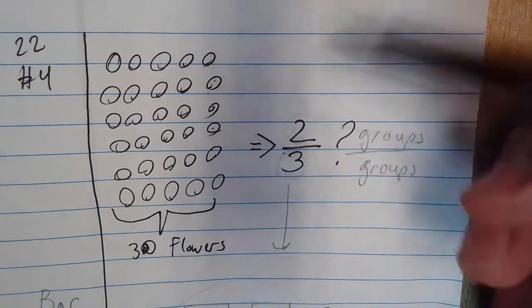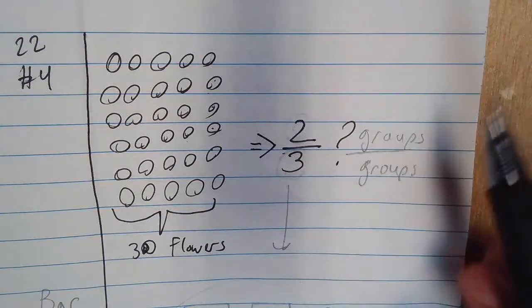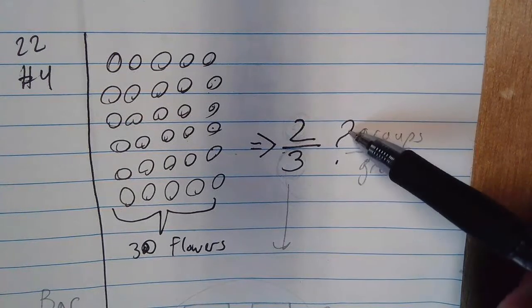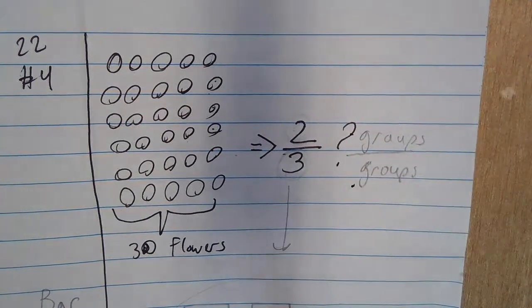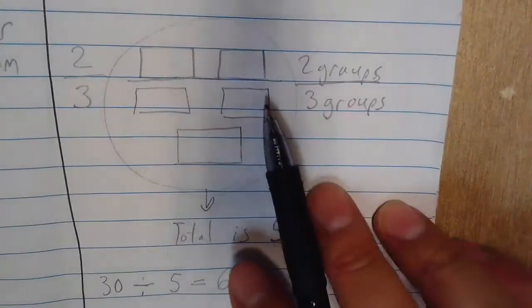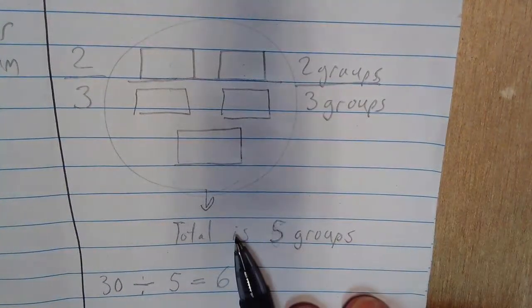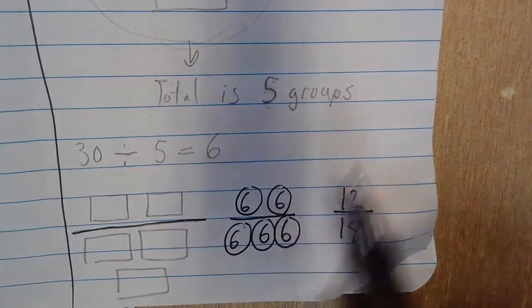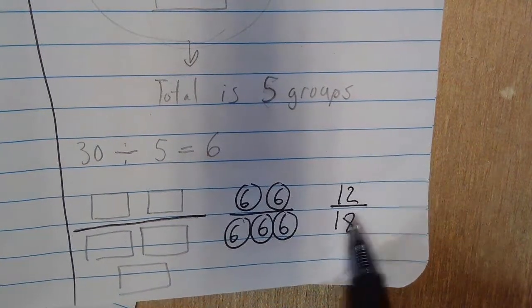GCF, LCM, you put it together, you synthesize it, and make it into something new. 30 flowers, I want groups of 2 and groups of 3. I did that. That gives me 5 groups. Well, if I'm taking 30 flowers and breaking it up into 5 groups, that means each group has to be 6. That means I have 12 flowers here, 18 flowers there. And that is the answer.